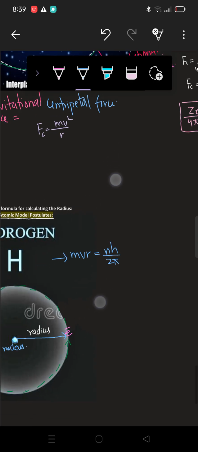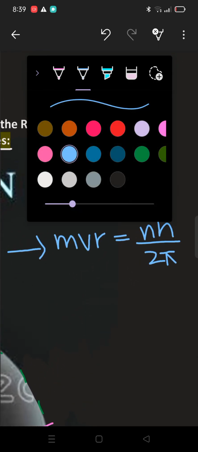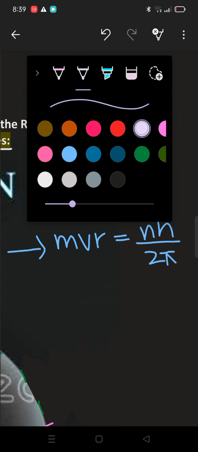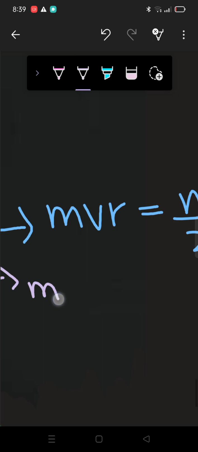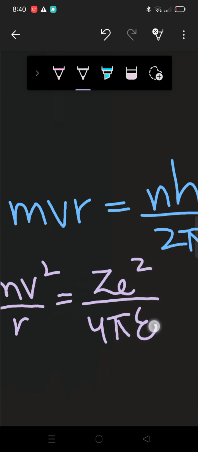Let me write the second equation too, so that we are not confused: mv square by r, which is the centripetal force, is equal to the electrostatic force, and that is equal to Ze square upon 4 pi epsilon naught r square.